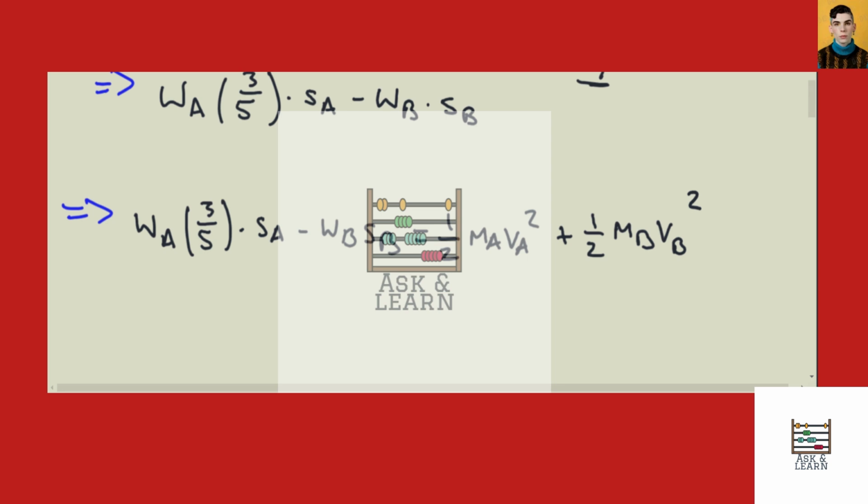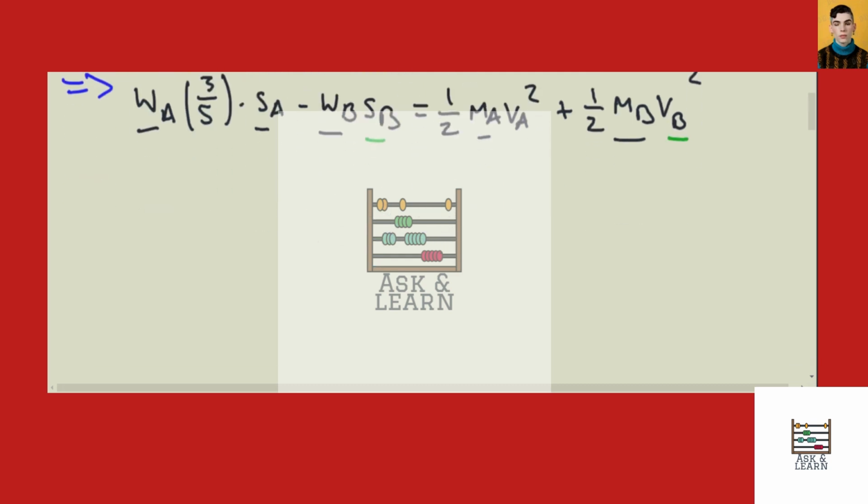This side stays the same. So looking at this equation we know weight A, we know SA, the distance that's given to us, we know weight B, we know MA and MB. But what we don't know is the distance block B travels and the speed of block B.